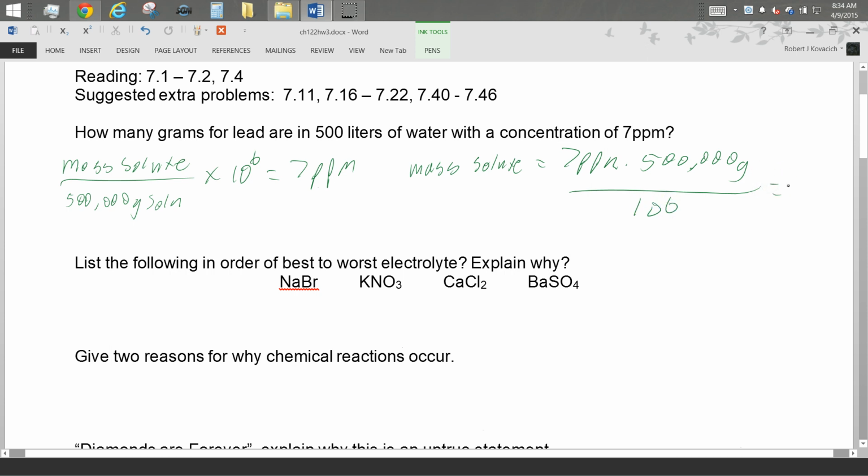And what's that work out to be? 3.5 grams lead. Okay, so 1 sig fig, so 4 grams of lead.